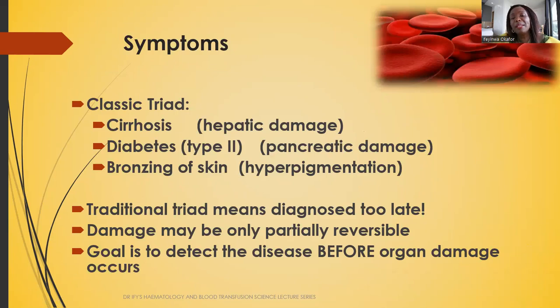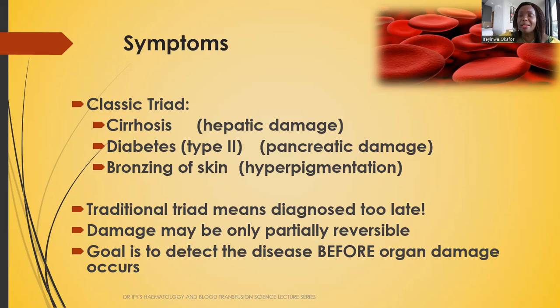Symptoms. What are the symptoms of hereditary hemochromatosis? We have a classic triad. The 3 basic things that, when present clinically, make you strongly suspect that this person has hereditary hemochromatosis.